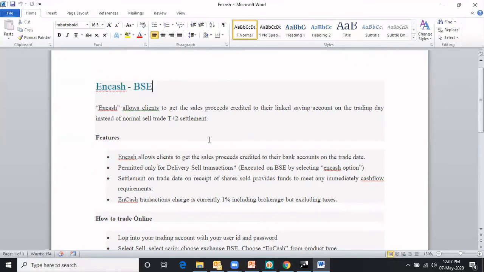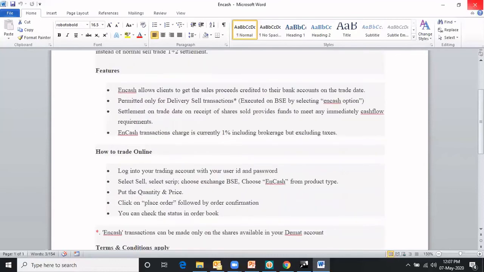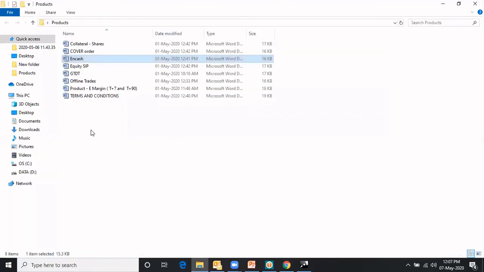So whatever you are selling and you want the proceeds to be credited into your savings bank account on the same day night, you have to make sure you push your order as the Encash product, and on the BSE exchange. Okay. So this is another product which I want to tell you. So these are the products we have.